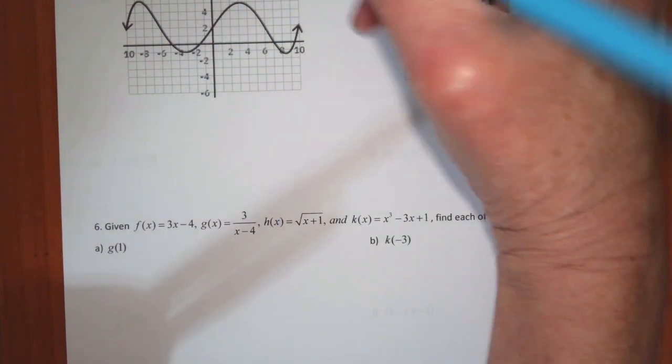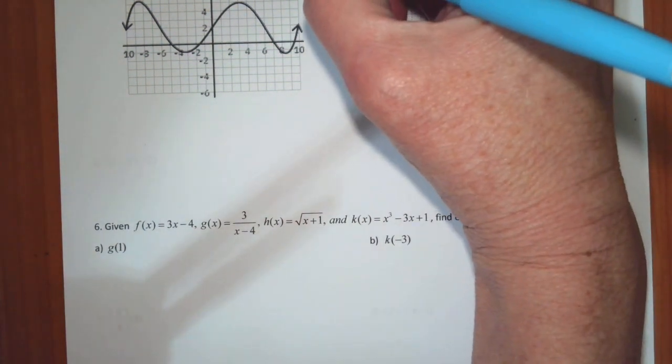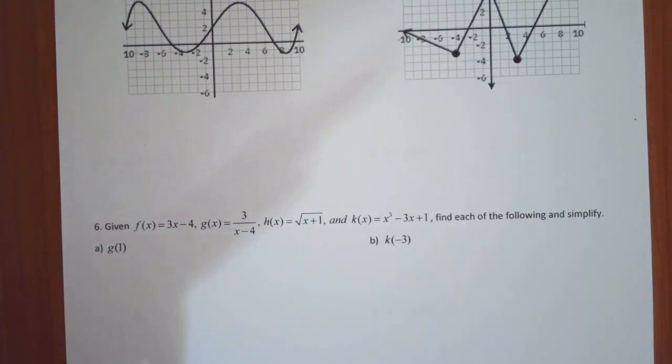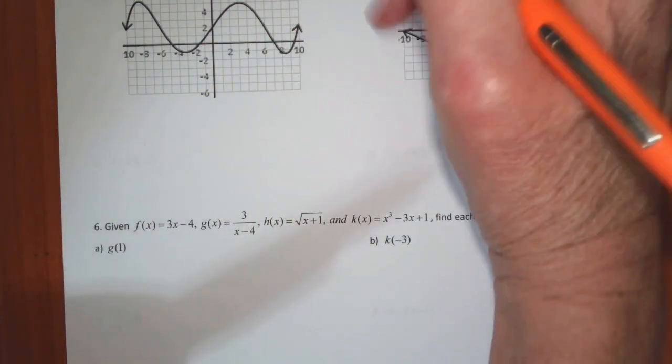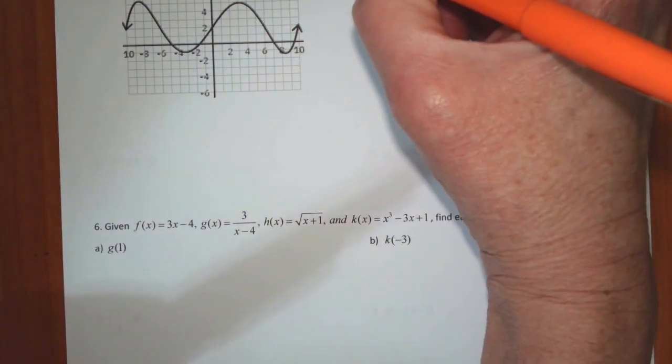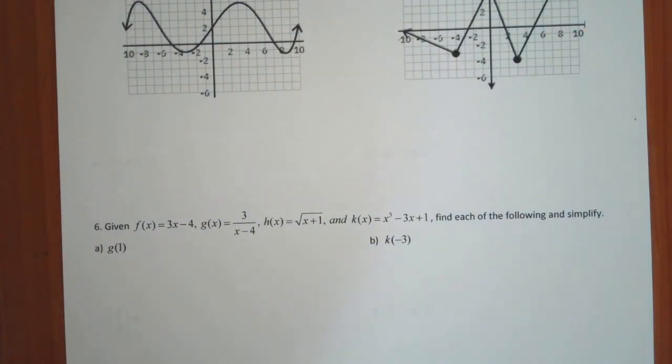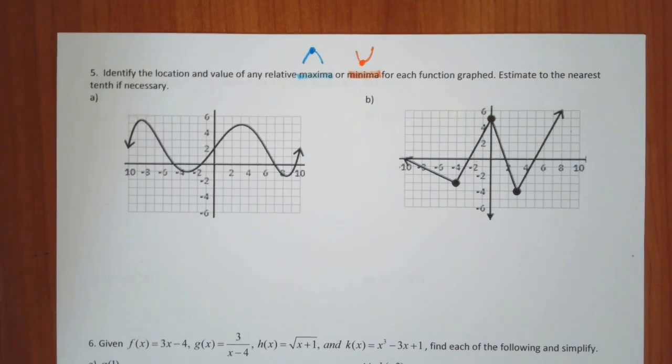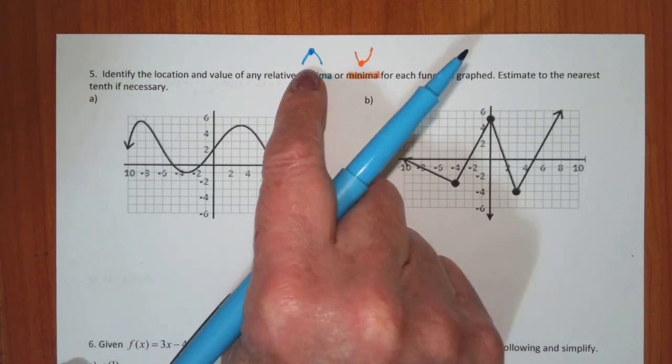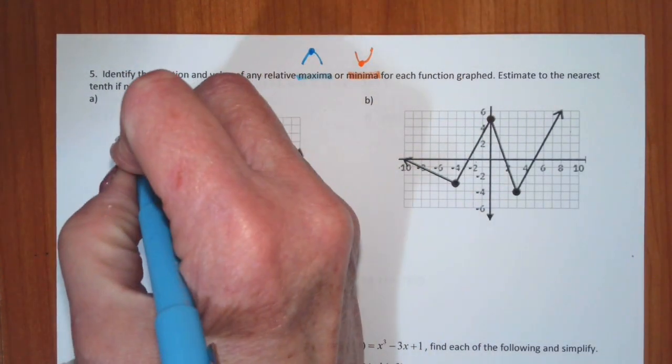So the maxima is when you have a hill, it's that point here. And minima is when you have a valley, and it's this point right here. Okay. They're usually really easy to find. You have the maxima is the top of the hill.